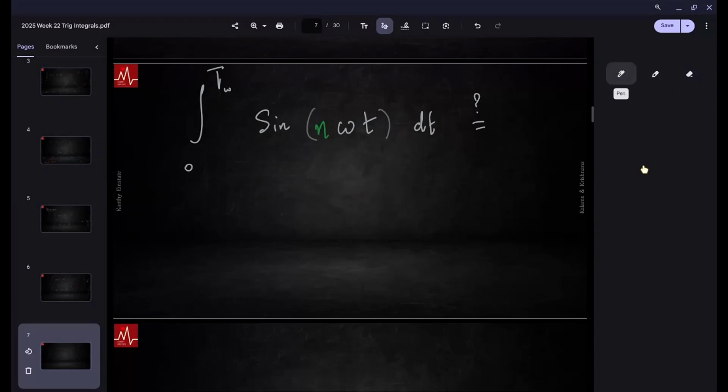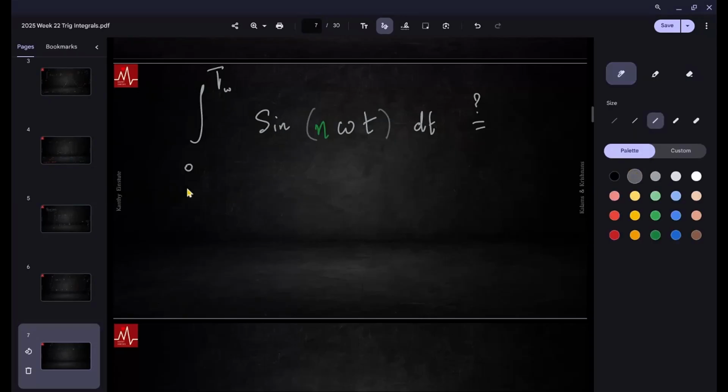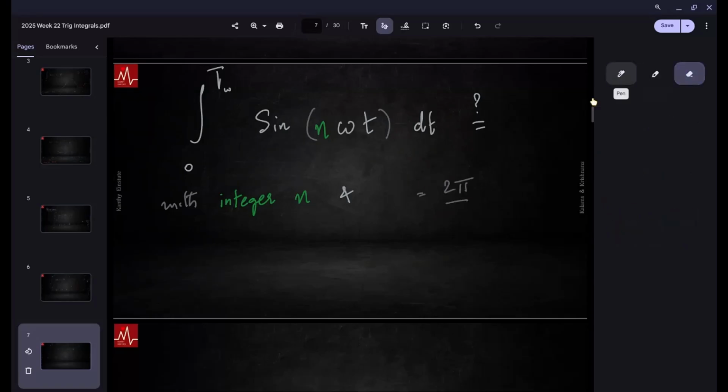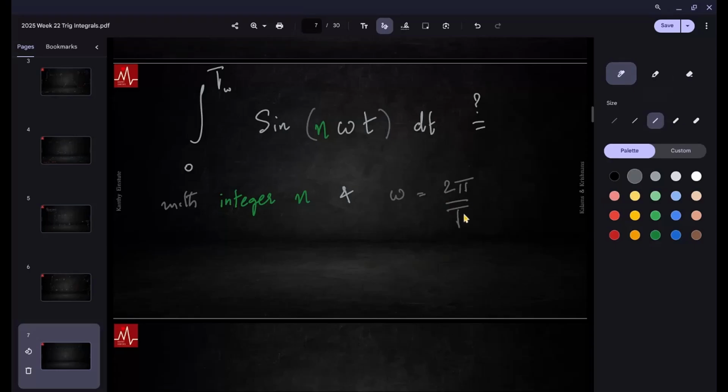Let's clearly write it down. Integer n, and t omega, or 2 pi by omega. So it's not the period of this, which is what sin n pi is 0.